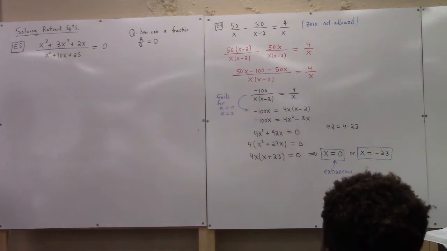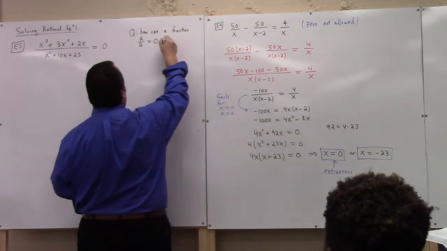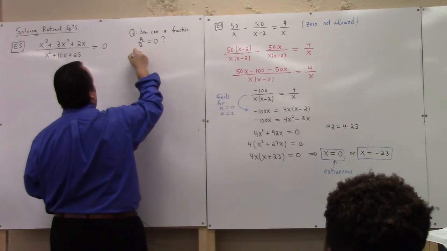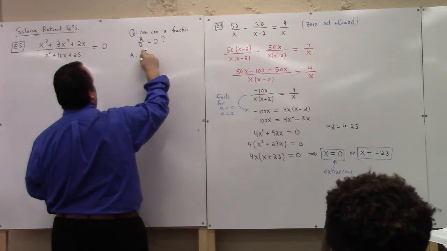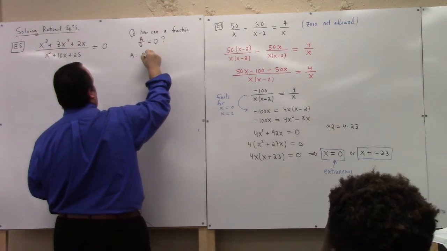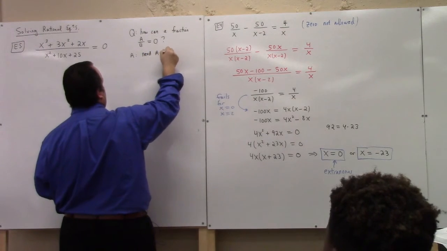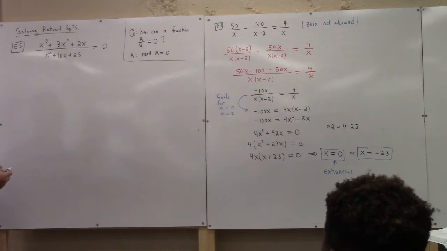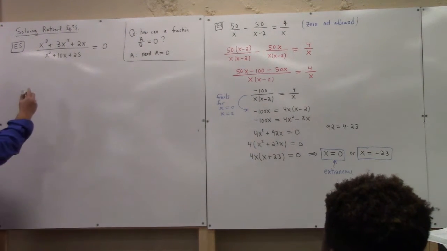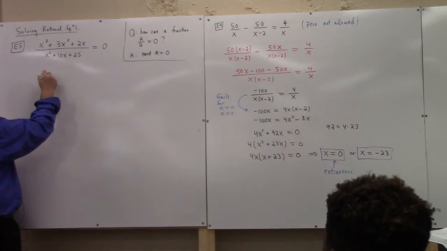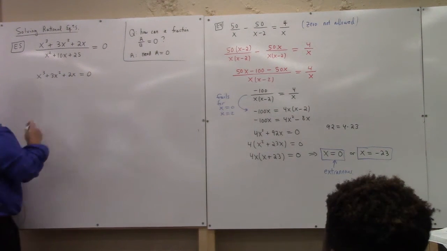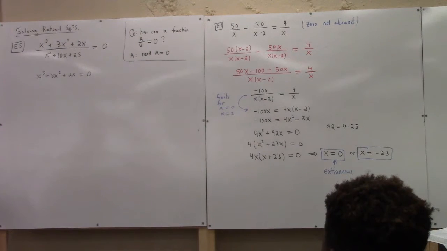So we need a equal to 0. That's like a general idea. For this problem, we can say, okay, so we need x cubed plus 3x squared plus 2x equal to 0, right? How would you solve that?